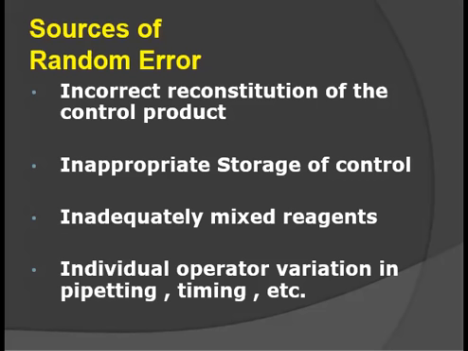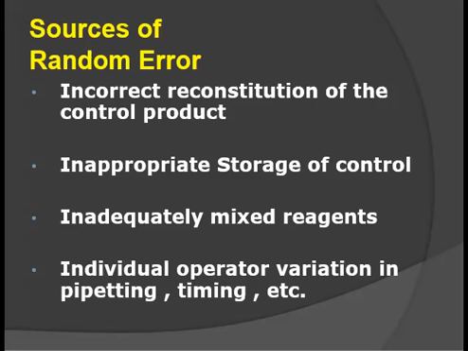Like for example, quality control is done at the beginning of each shift, and the Medtech is busy on the cellphone, on social media before work. So the Medtech forgot to mix the reagent. So that will be a source of random error. And then the fourth one is already dependent on the operator or the skills of the operator. Okay, so that can also be a source of random error.